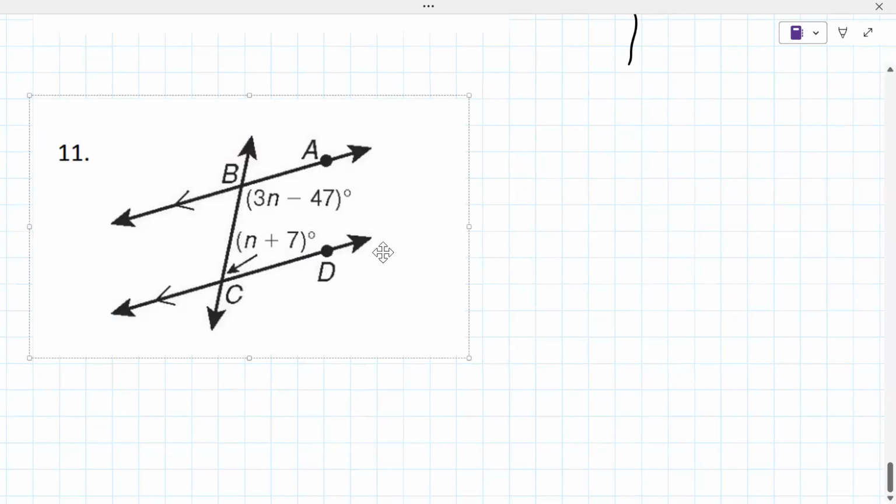They're same side interior. What do we know about same side interior from previous lesson or from this lesson? What did we say about them? That it's congruent? They're not congruent. Same side interior. Go ahead and look at your notes there, please.